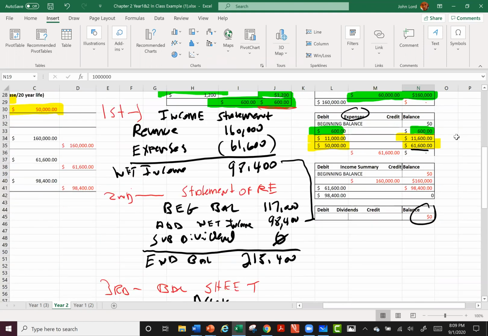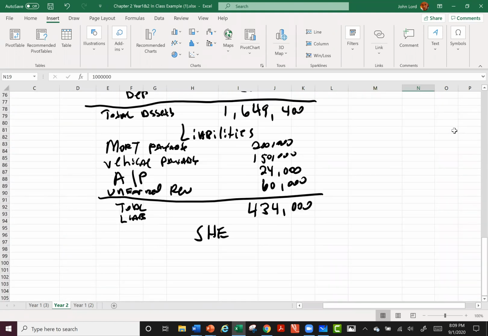So I just go ahead and put in common stock of 1 million. And what's the other part of my stockholders' equity? Two accounts make up stockholders' equity. What are they? Common stock and retained earnings.